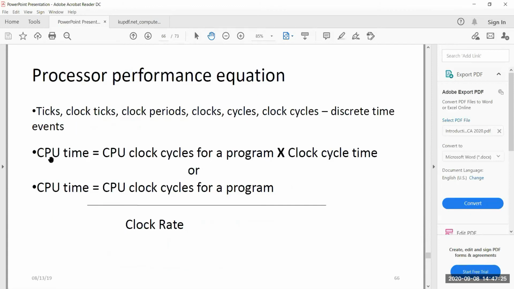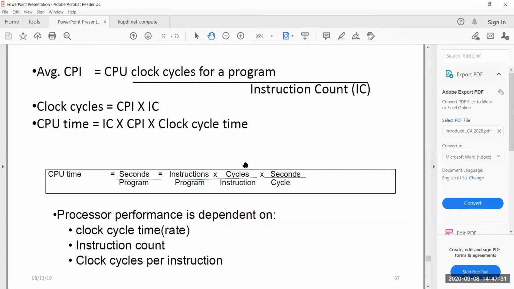Now I want CPU time. CPU time is CPU clock cycles for a program times clock cycle time. So CPU clock cycles is CPI times IC, that is clock cycles per instruction times instruction count, times clock cycle time. Clock cycle time is the time duration of every clock cycle of your system. So if you expand each of them, instruction count is the total number of instructions per program.